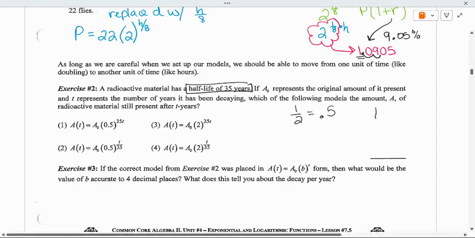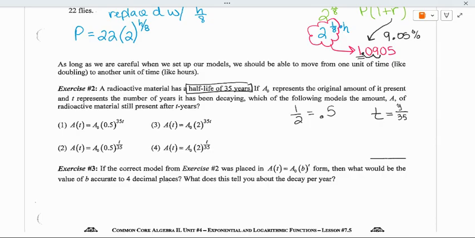So how often is it cutting itself in half? Every 35 years. So that means that whatever our time is, we have to divide it by 35, right? So every year is going to get divided by 35. I don't think that we should have to make a table for that, right?